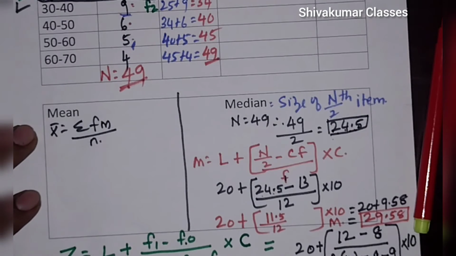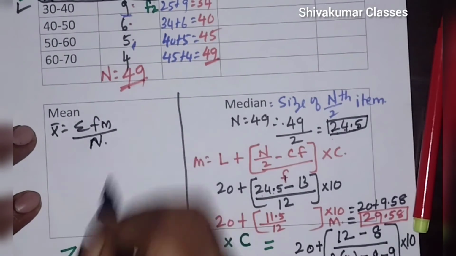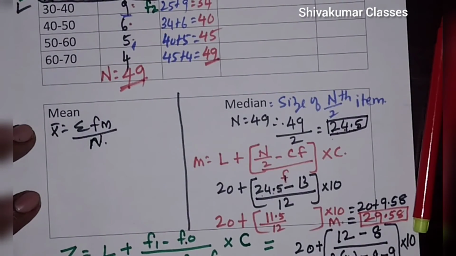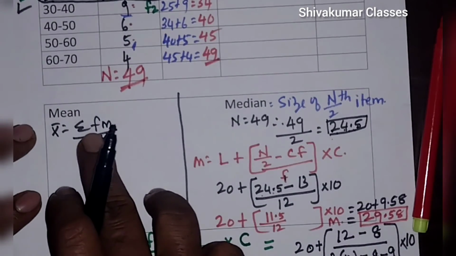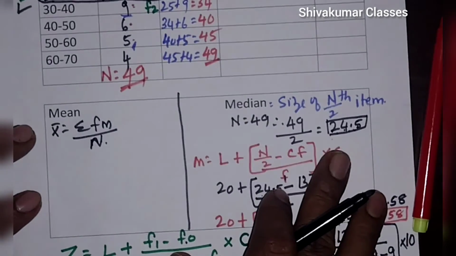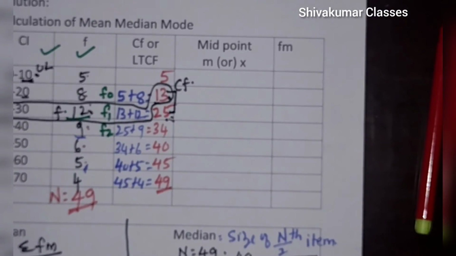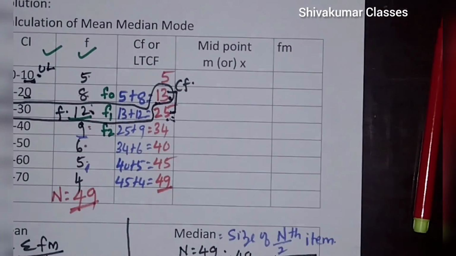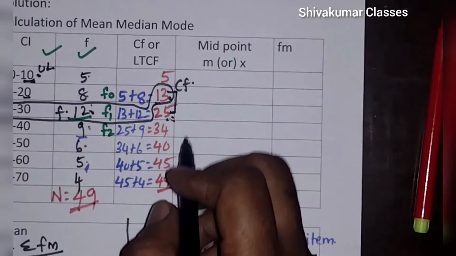F means frequency, M means midpoint, and some other authors take it as small x. How to find the midpoint?